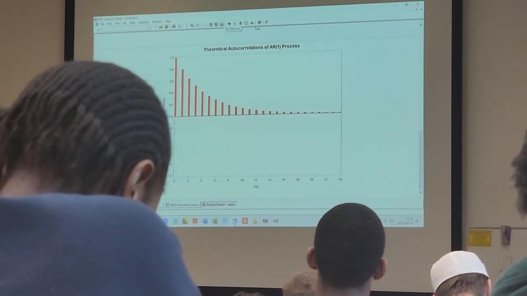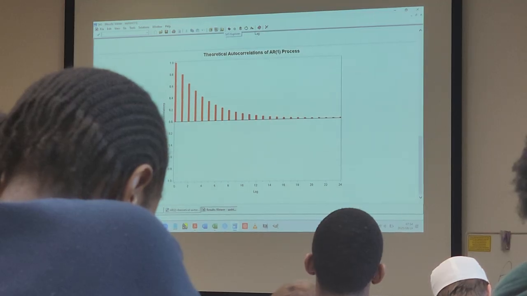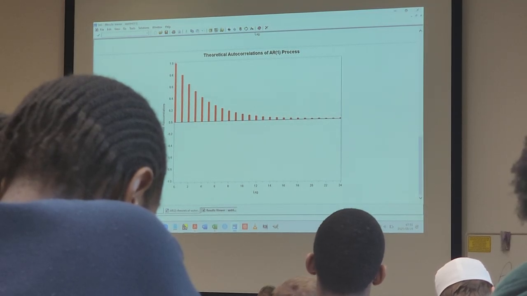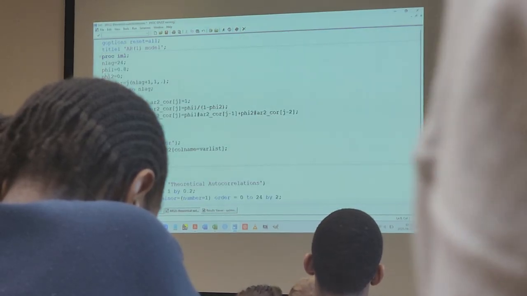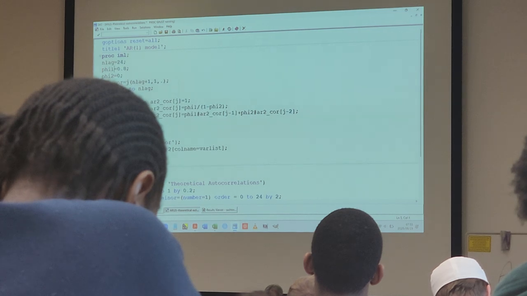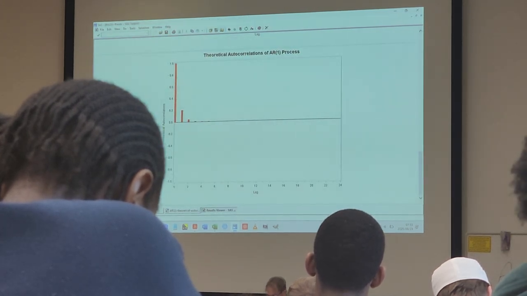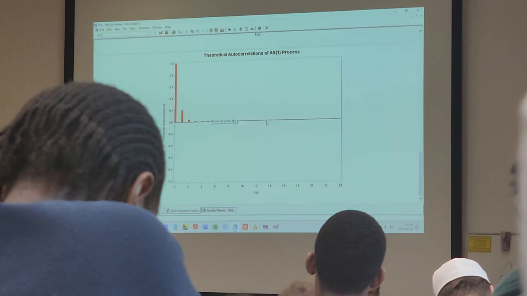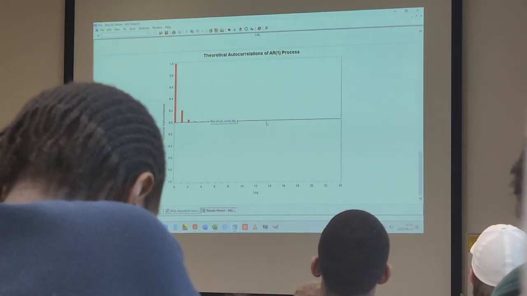But all these other correlations must still be positive, theoretically, because my phi is positive. 0.8, so now I have 0.8, 0.64, and so on. If I make my phi smaller, let's say 0.2, then very quickly I don't even see any red bars there. Very quickly all the correlations go towards 0. All these are examples of shortening.